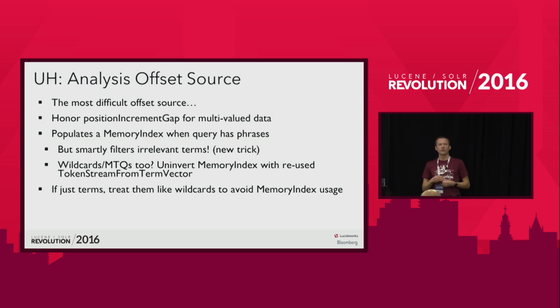But we do some tricks beyond what the standard highlighter does. In particular, the standard highlighter will throw all tokens it sees into a memory index and highlight your query. But guess what? Your query's only got maybe 10 words in it. Why not only index those 10 words, not every word that we'll see in this 100 megabyte document coming through? So there are some tricks we do like that by pre-filtering before we build up a memory index. We're just generally more memory efficient about how we do things than the standard highlighter.